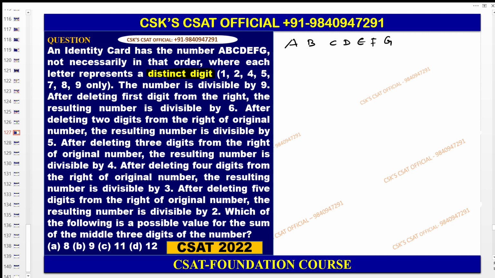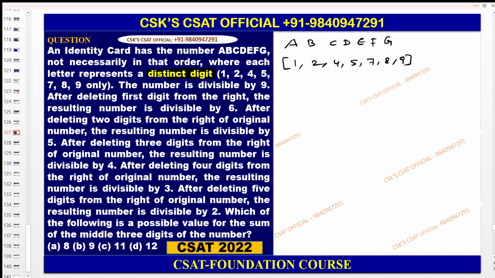So therefore you pick one more statement here also. The digits are 1, 2, 4, 5, 7, 8, 9 only. That is a very important one you need to take. I'm not assigning, just writing here 1, 2, 4, 5, 7, 8, 9 only.